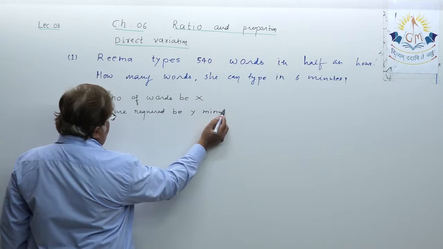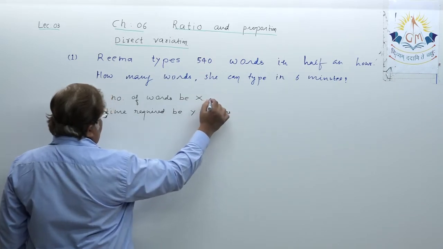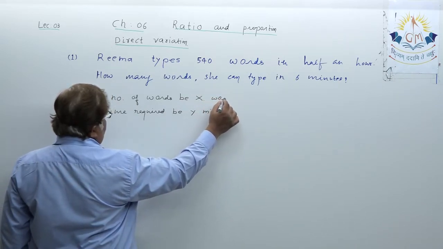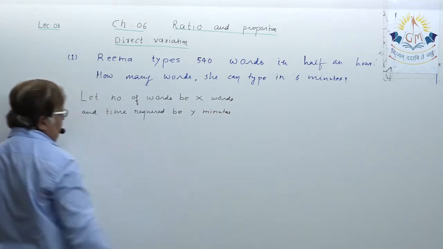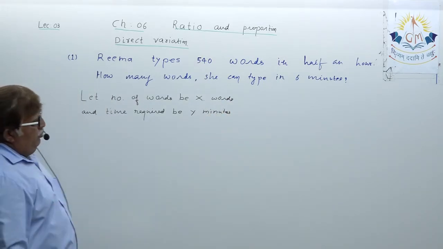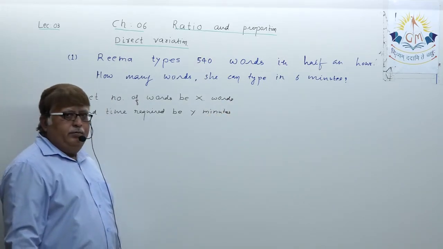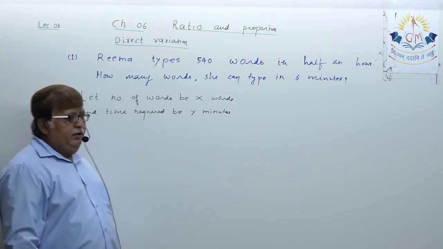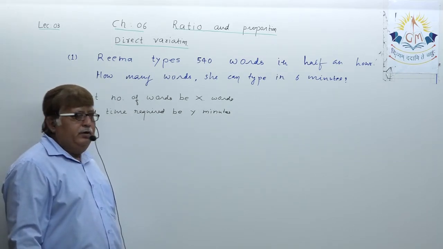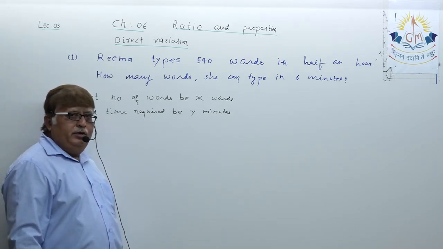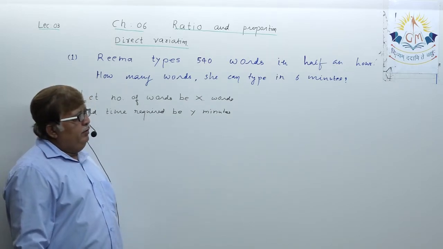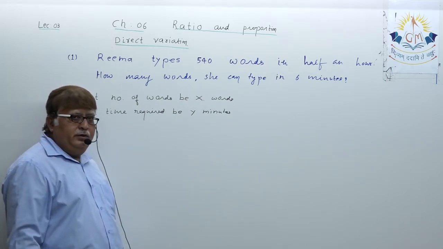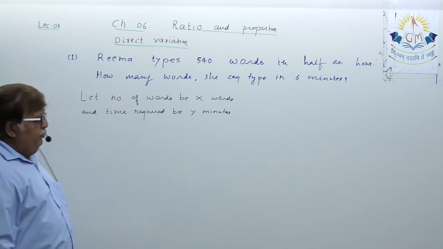Here x is words and y is minutes, because in the example two times are mentioned, half an hour and then you are asked for the answer in minutes. So either you convert minutes into hours or you convert hours into minutes. One thing you need to do.